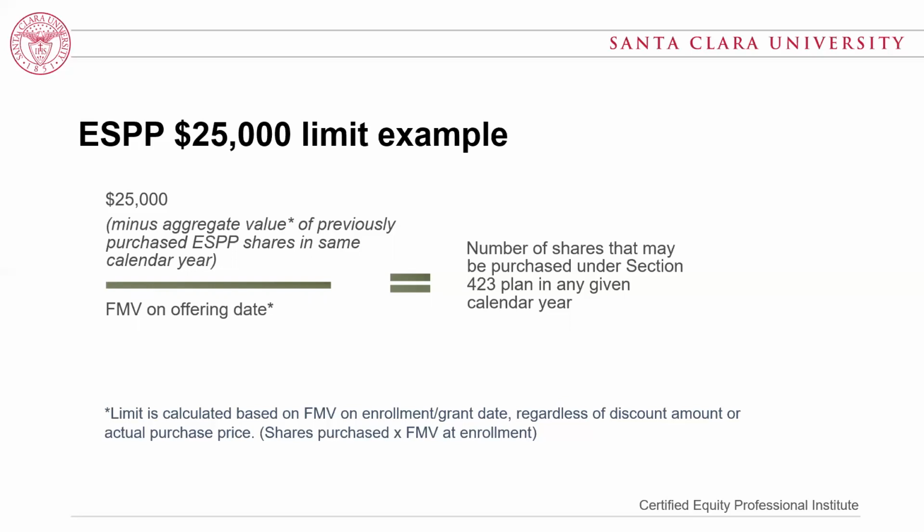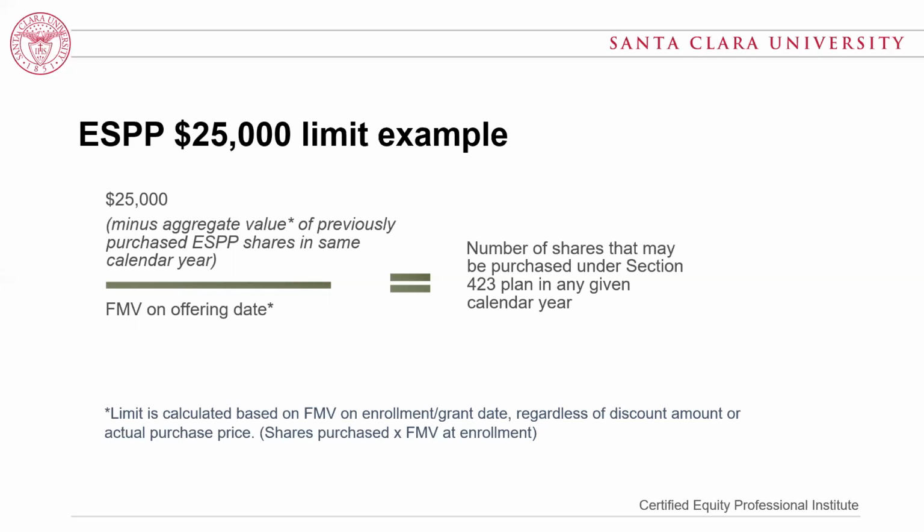So if an offering period starts when fair market value is 10 and the plan has a 15% discount and a look back, the employee can purchase a maximum of 2,500 shares in that calendar year, regardless of whether the stock price goes up or down during that offering period.